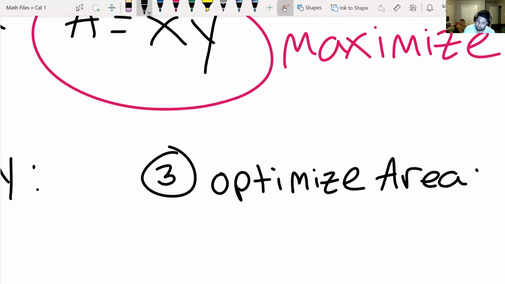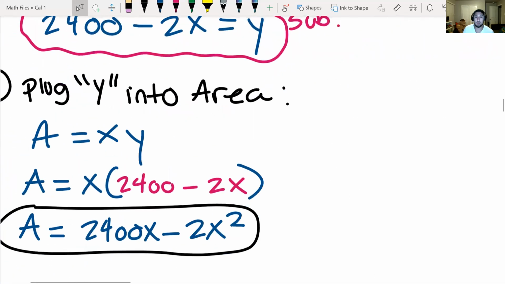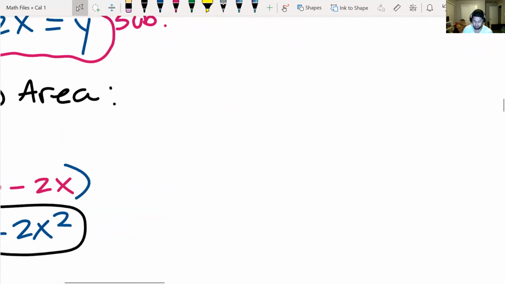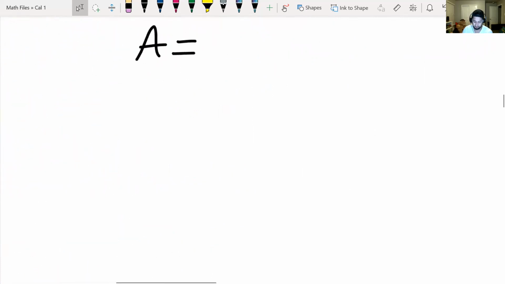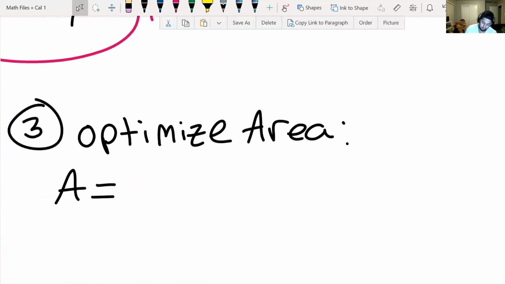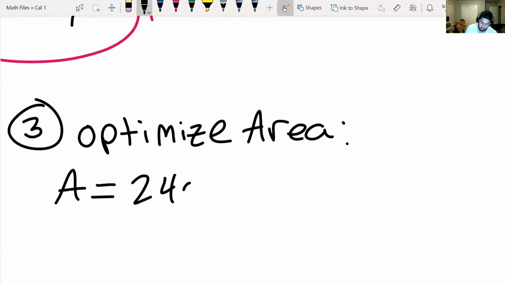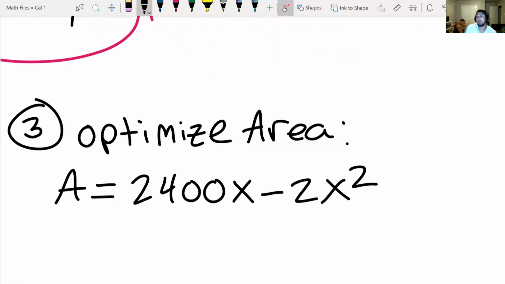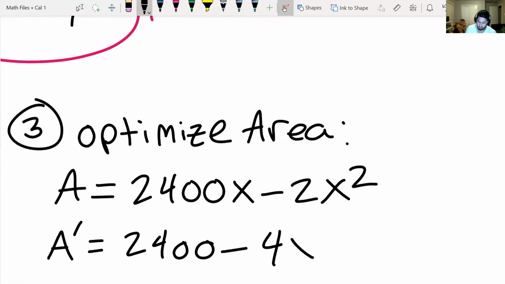Optimize area, which means our new area equation is 2400x minus 2x squared. Now take the derivative. A prime is going to be 2400 minus 4x.